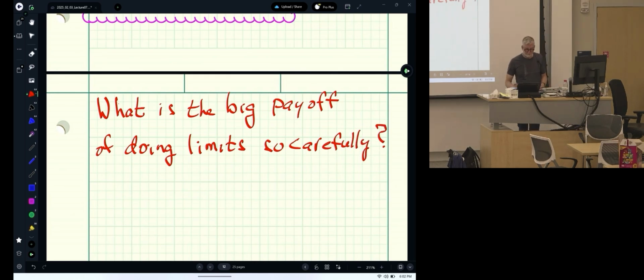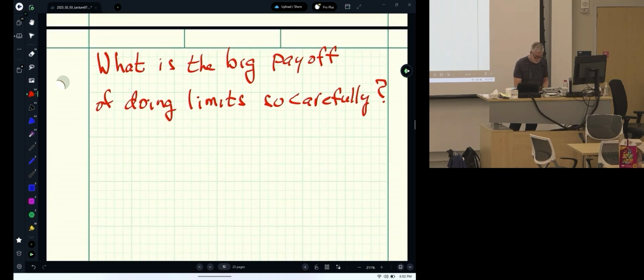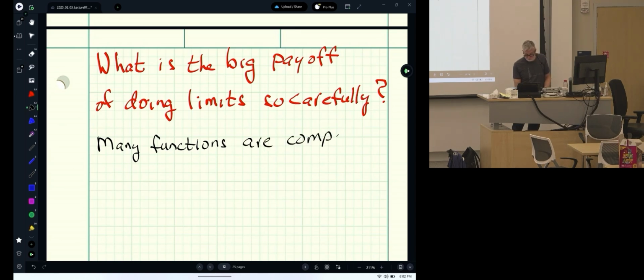The answer is that many functions are compositions of simpler functions.